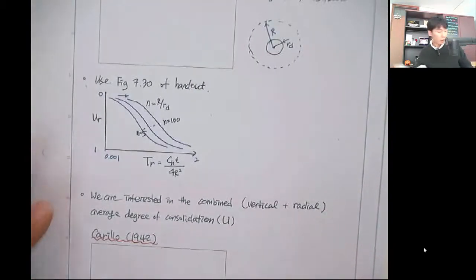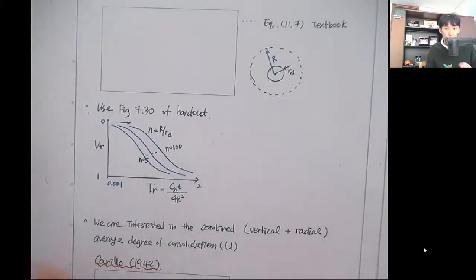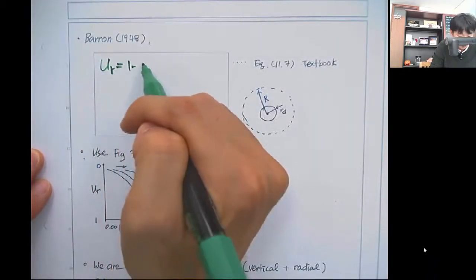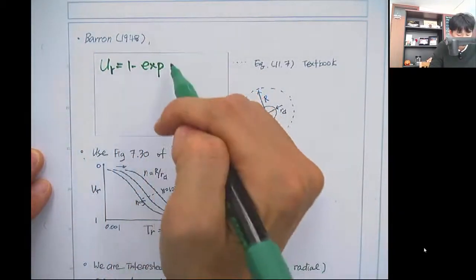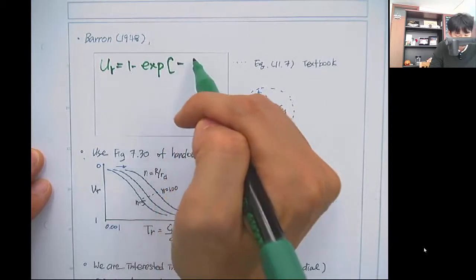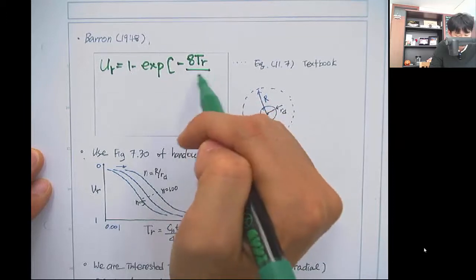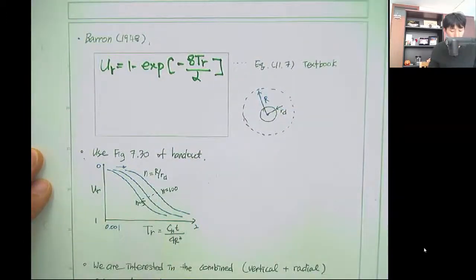it's going to give you faster consolidation. So according to the Barron equation, UR is 1 minus exponential of minus 8 TR over alpha.